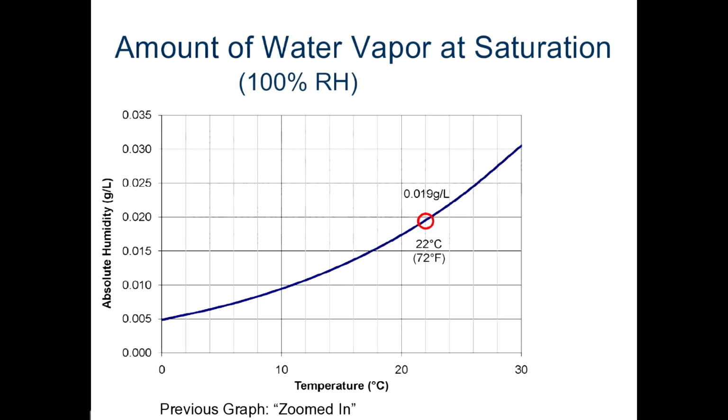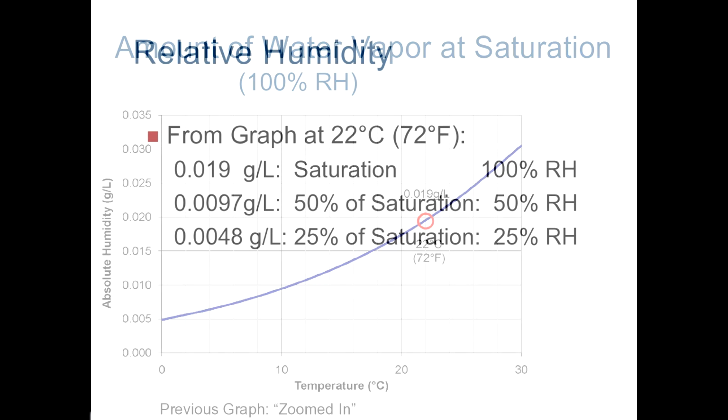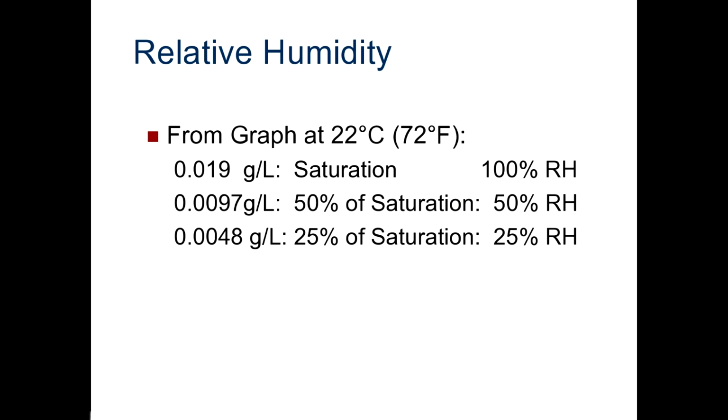Let's look at that previous graph, but we've zoomed in a bit here, sort of around room temperature. If we were to take 22 degrees C, or 72 F, we would see that the maximum amount of water vapor that can be held in that air is 0.019 grams of water per every liter of air. So that's 100% relative humidity. Now, if we took half of that amount, 0.0097 grams of water vapor per liter of air, that would be 50% of that maximum amount.